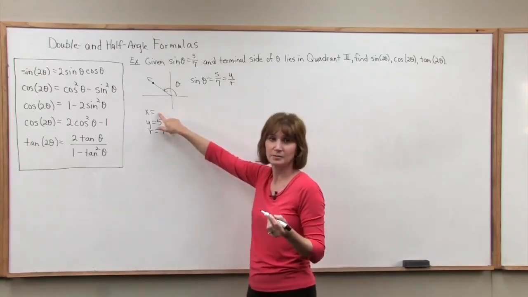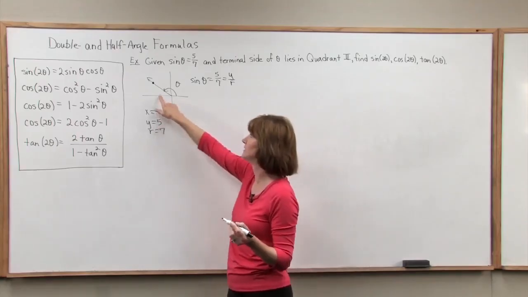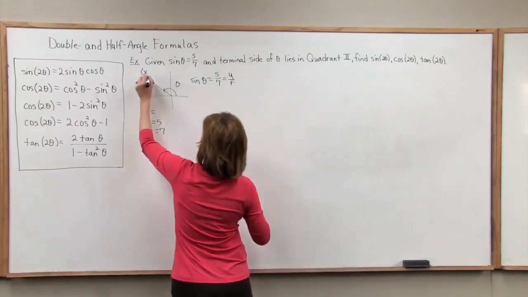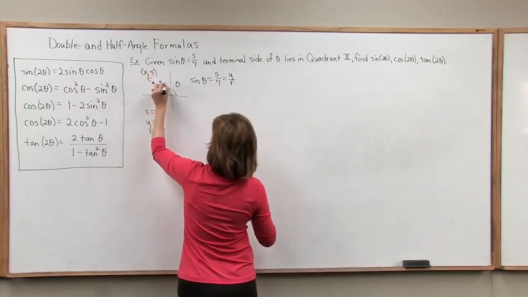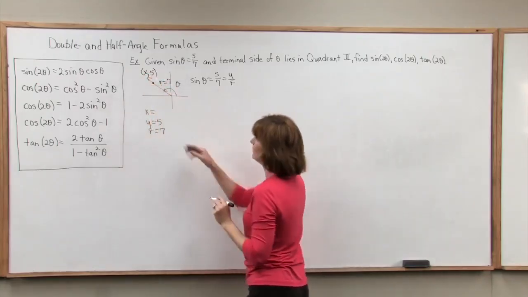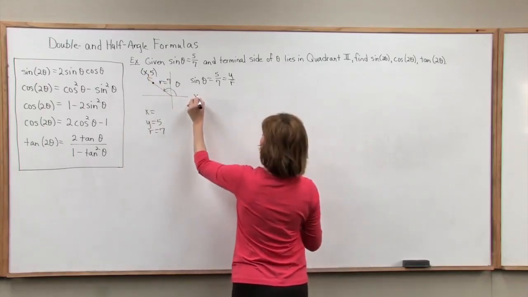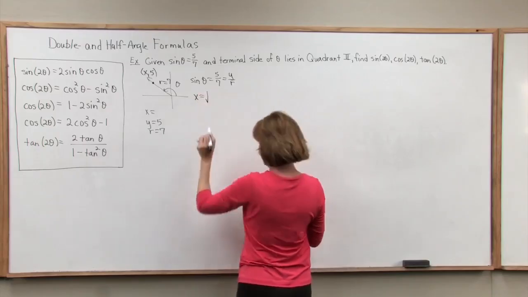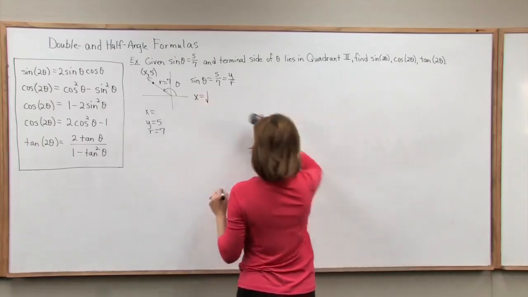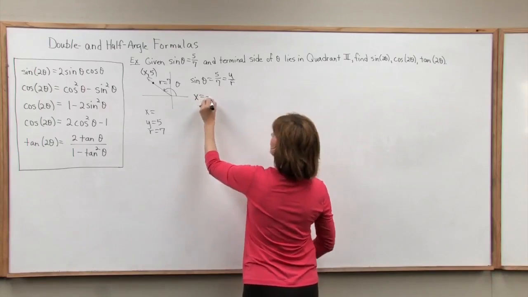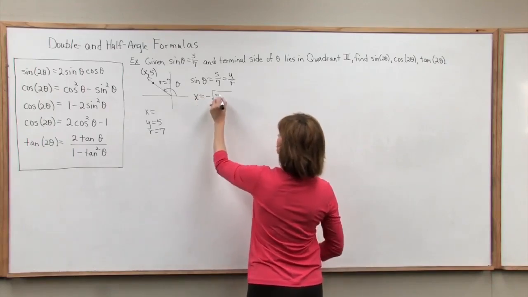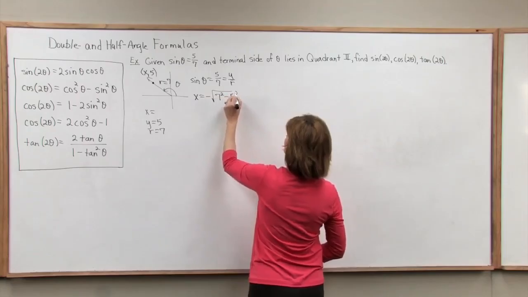Well, we can easily use the Pythagorean theorem to find it, but we need to pay attention. So this point is x comma 5 and r is 7. In quad 2, remember x is negative, so when we find x, it's going to be negative. It's going to be negative the square root of 7 squared minus 5 squared.